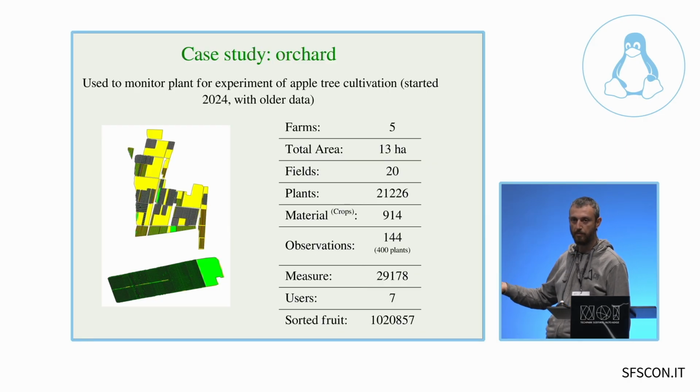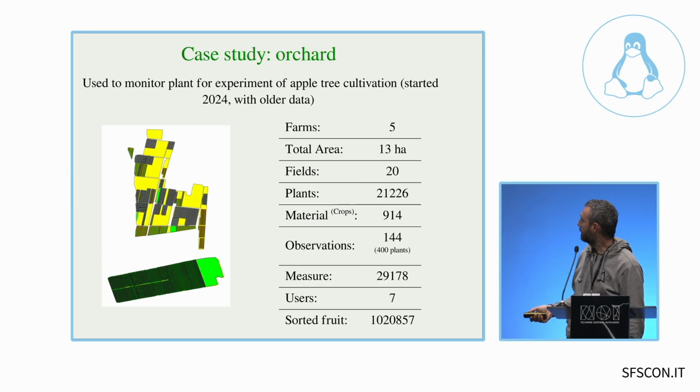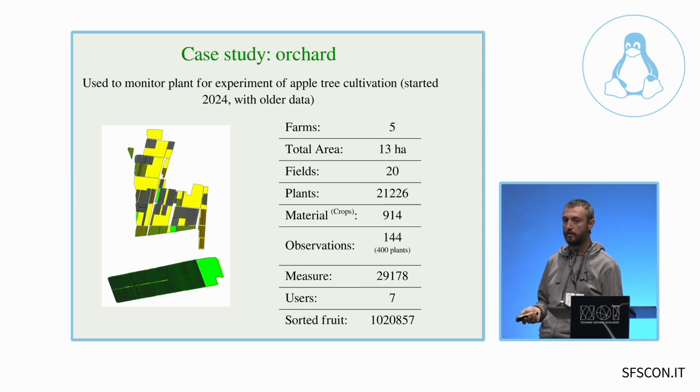It's apple trees. And we have 20 fields and about 21,000 plants, singular plants, with information about the geographical position and the crop and all the material information. So rootstock, clone, starting here, ending here, and so on.